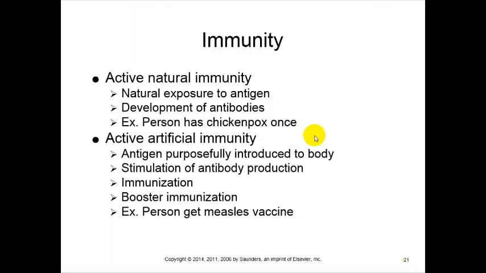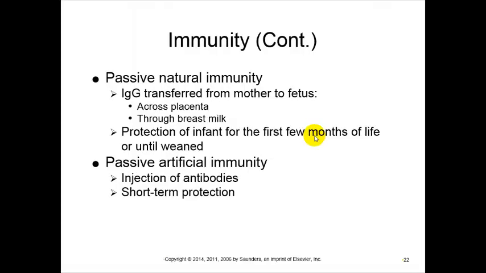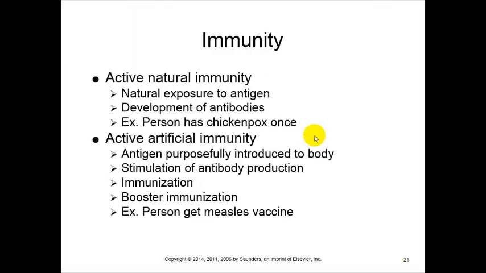And so when our body sees that antigen, it will attack it readily as a secondary response. So we're not going to get that sickness. Now those two both involve going through the process of exposing the antigen, producing the antibodies, forming the memory cells.